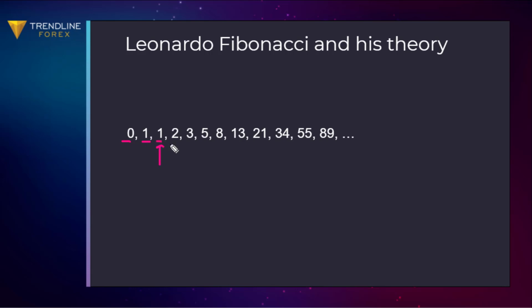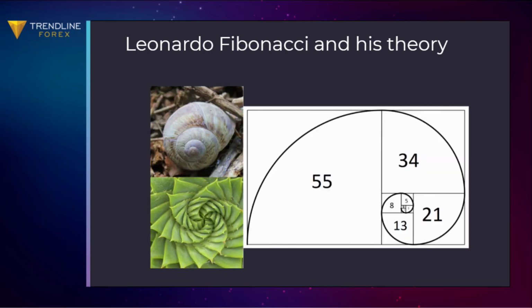Then we have 1 and 2, which forms the next number in the series, 3. And it carries on like this. The Fibonacci numbers are a whole science, and they're found everywhere in nature and the universe, and they can be applied pretty much anywhere. It's also very important to understand what the golden section is and how it is obtained, but for more detailed information, check out our Fibonacci course.